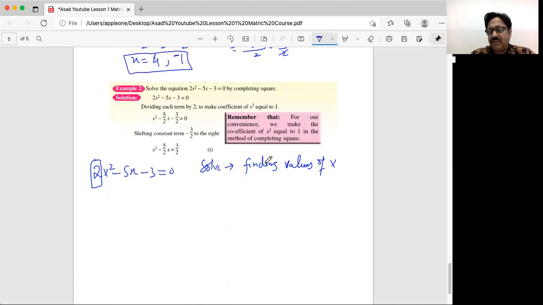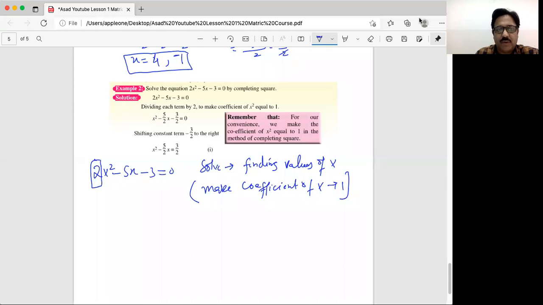Very simple thing here. What's the first thing? Make the coefficient of x square 1.